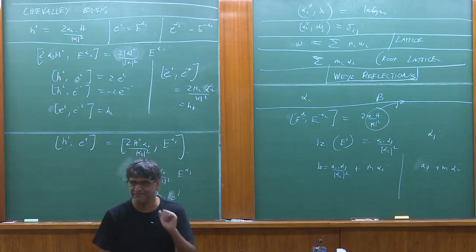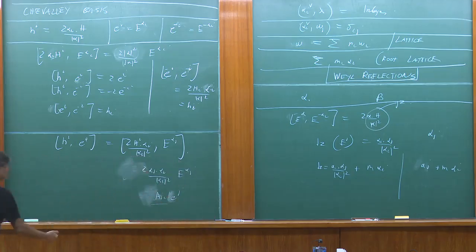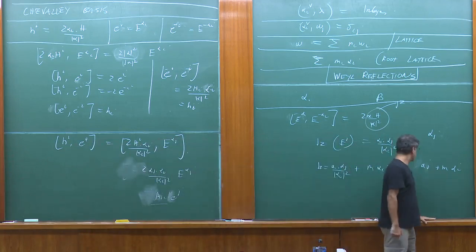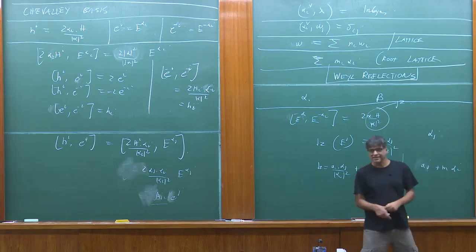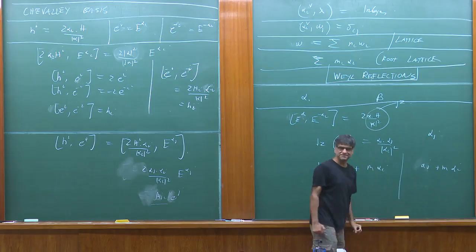M could be positive or negative. I want to choose m so that the Jz value of this new vector is minus what I started with.